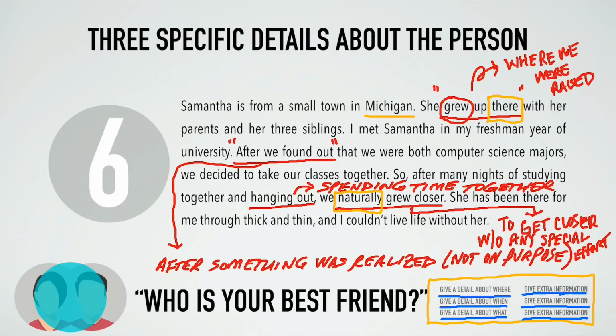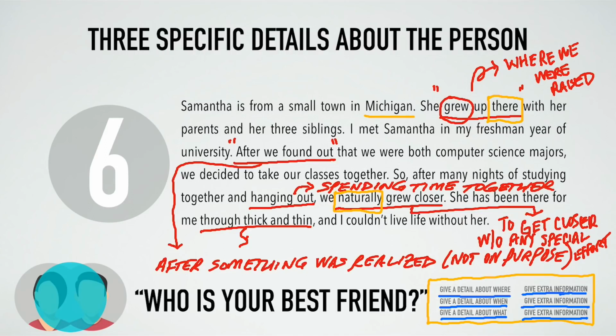She has been there for me through thick and thin, and I couldn't live life without her. Okay? So, through thick and thin. This means when someone is there for you in the difficult times and the easy times, okay? Or the good and the bad times, okay?